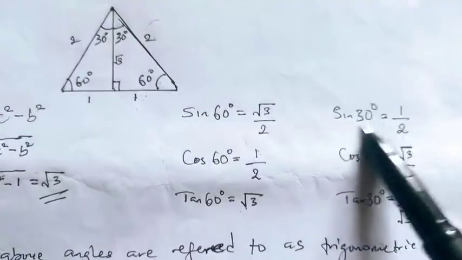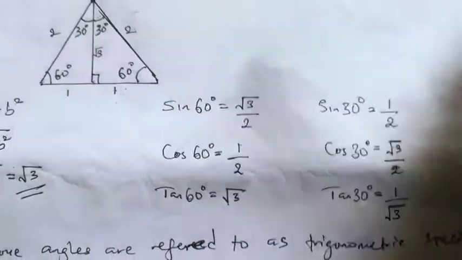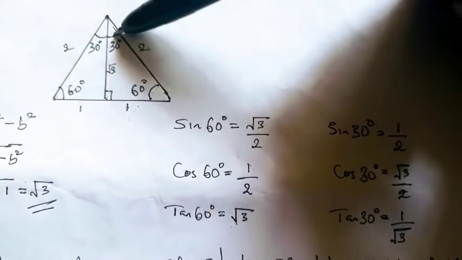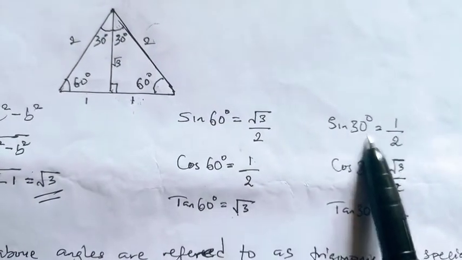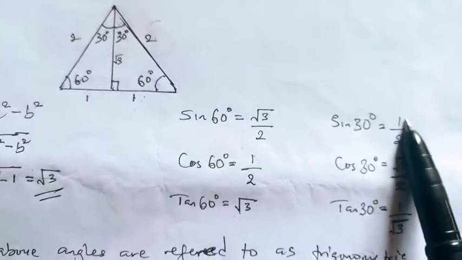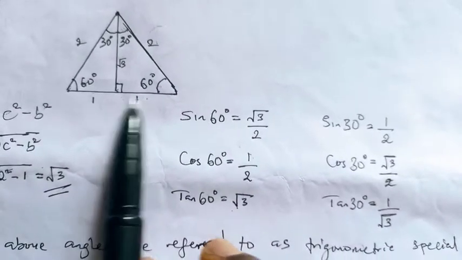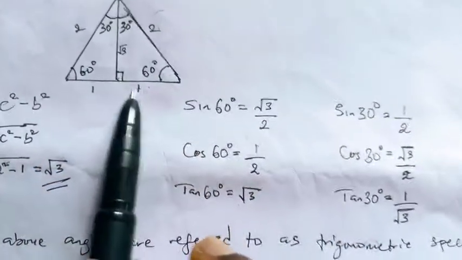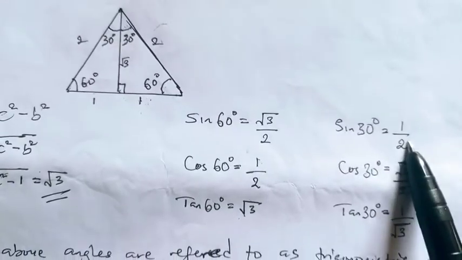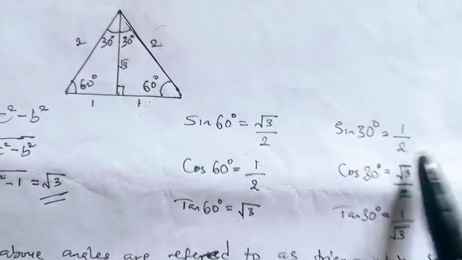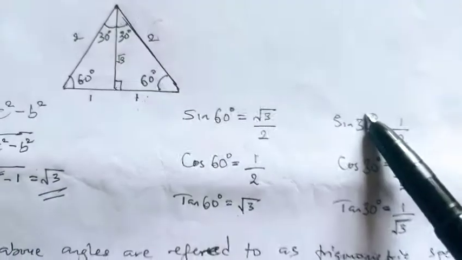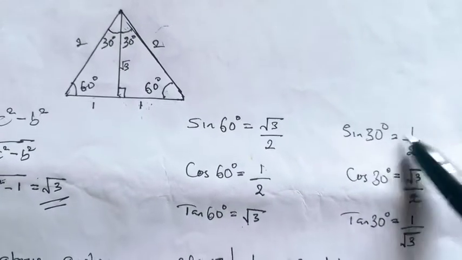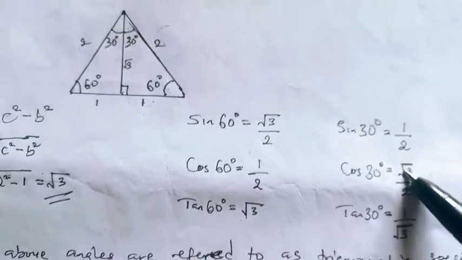And now for the sine 30 degree, which is up here, this becomes my opposite. So for my sine 30 degree, my opposite is 1. The side facing the angle is 1. And my hypotenuse is still the same. It doesn't change. So for sine 30 degree, it is 1 over 2.